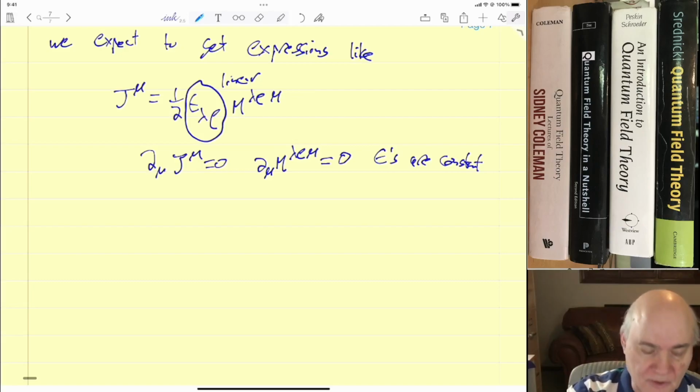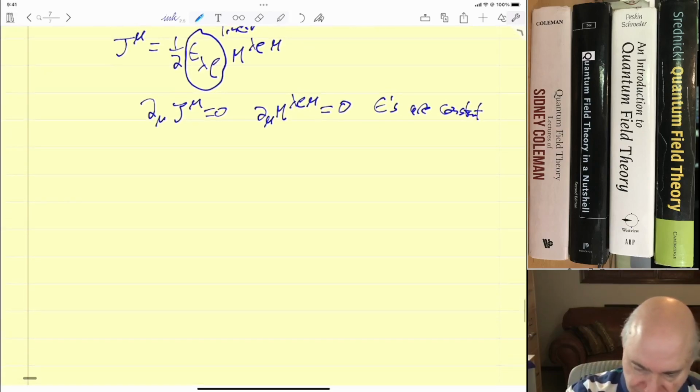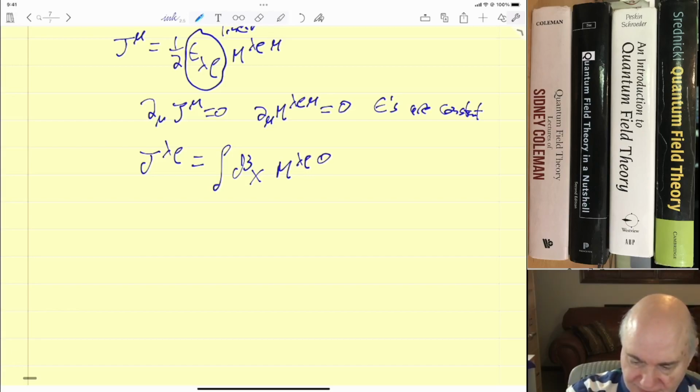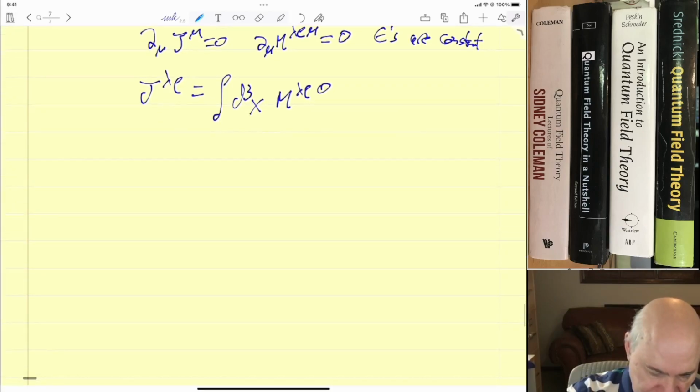This just depends on what notation you decide to use. So we should get, since we have 6 parameters, 6 global conservation laws. These will be given by J lambda rho equal to the integral of the time component. And 3 of these will give angular momentum conservation, and 3 will give the steady motion of the center of mass.